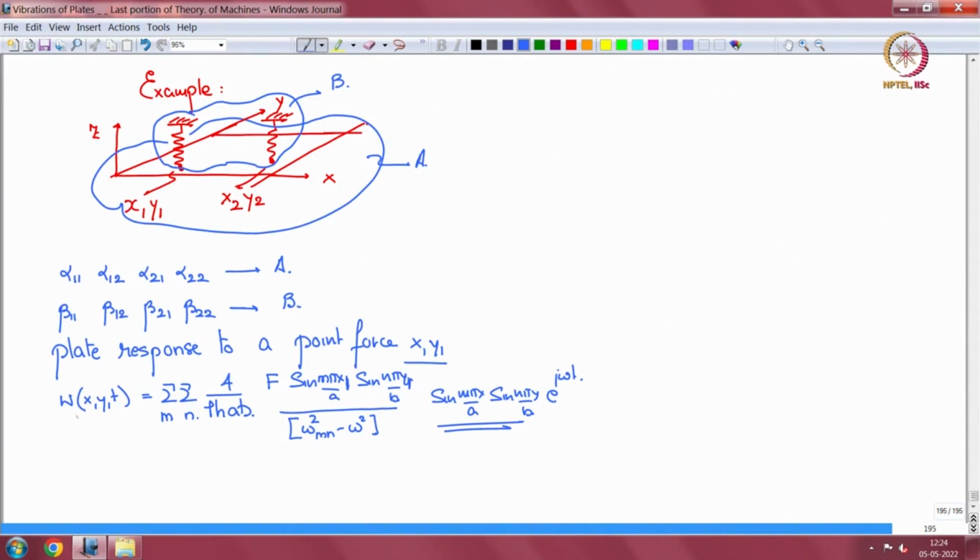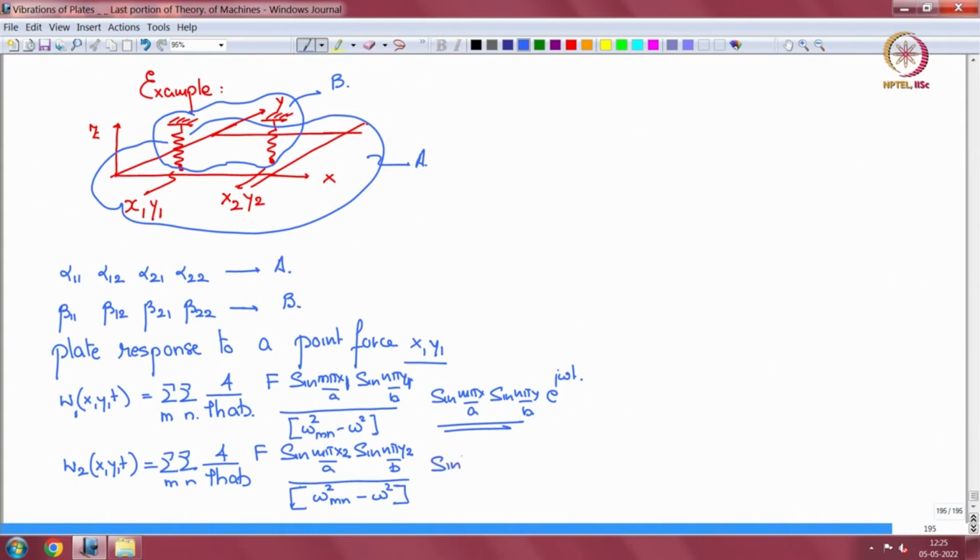Okay. Similarly, response of the plate to a point force at 2, 4 by rho h a b f sine m pi x2 by a sine n pi y2 by b by omega square mn minus omega square.